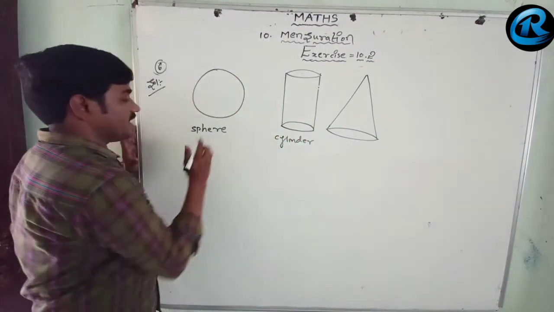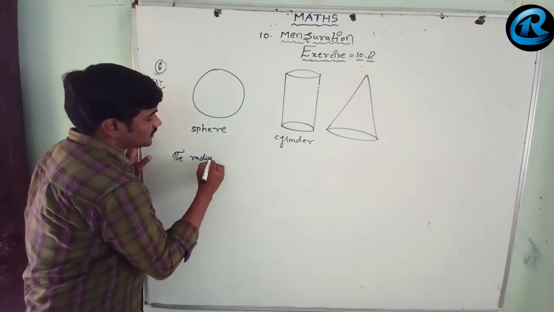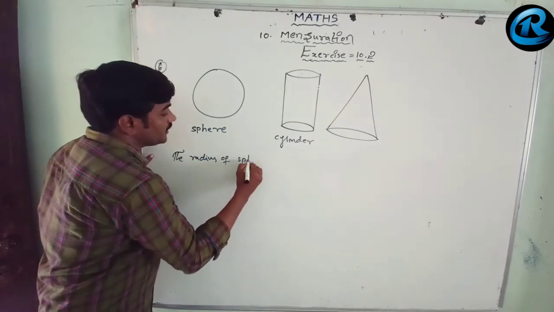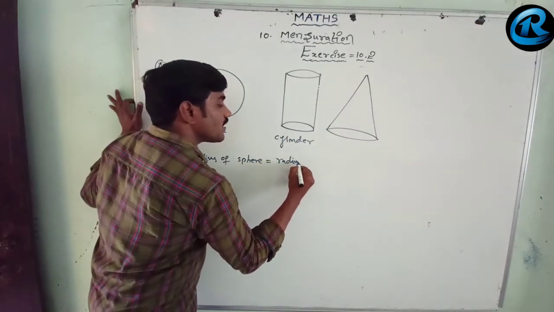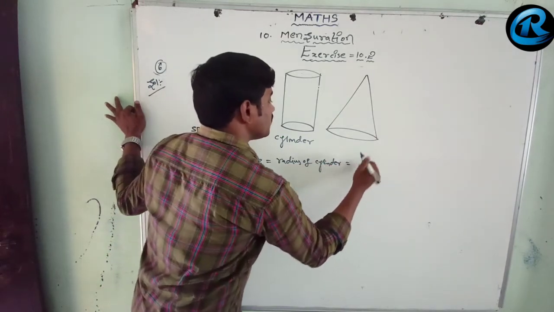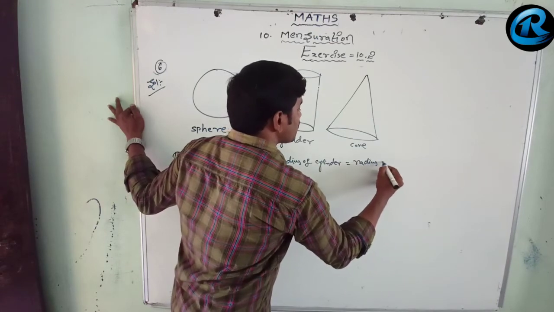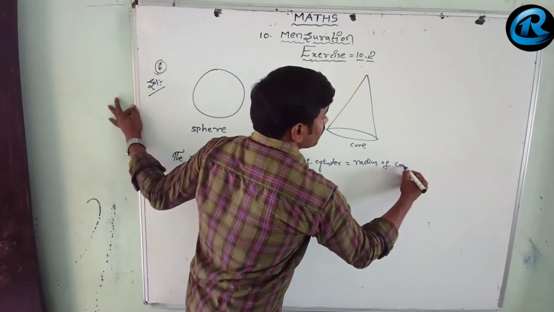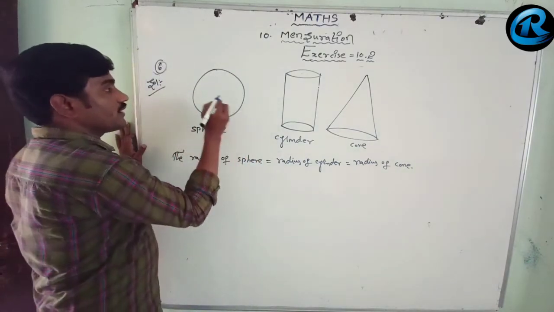That means the radius of the sphere is equal to the radius of the cylinder is equal to the radius of the cone. So r equals r.